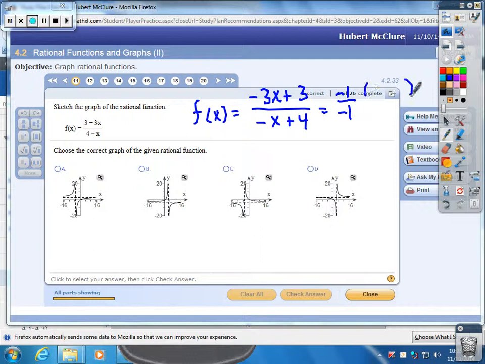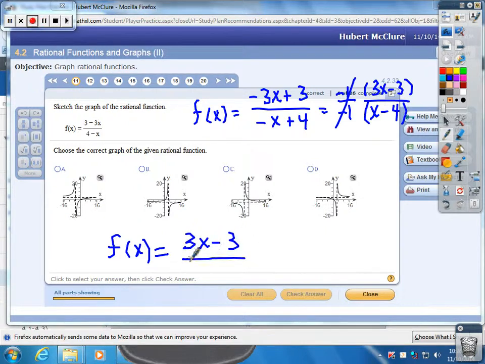And that's going to give me positive 3x minus 3 over x minus 4, and the negatives cancel. So f of x is equal to 3x minus 3 over x minus 4.